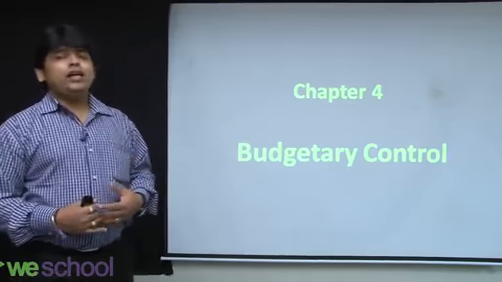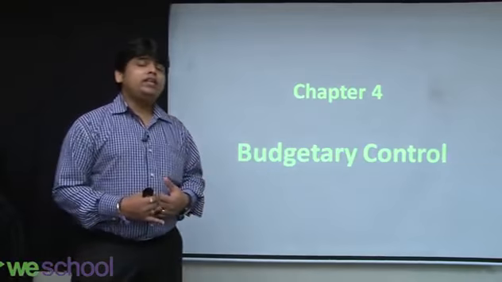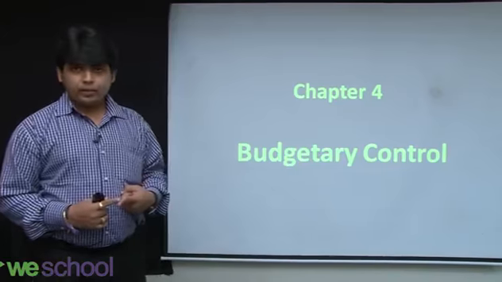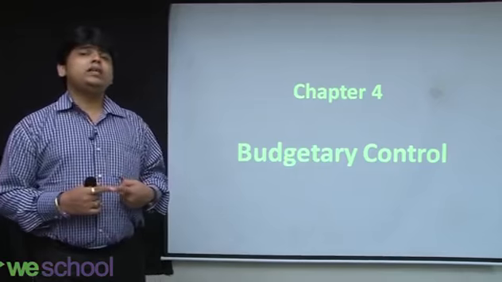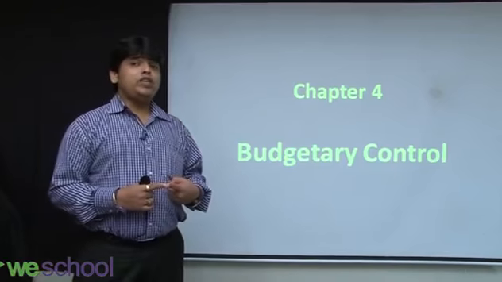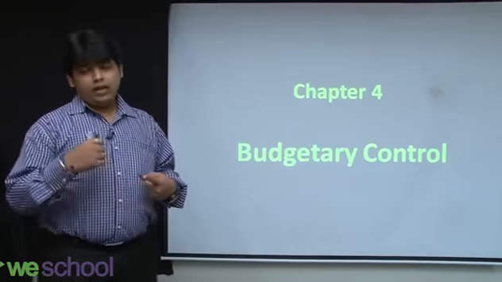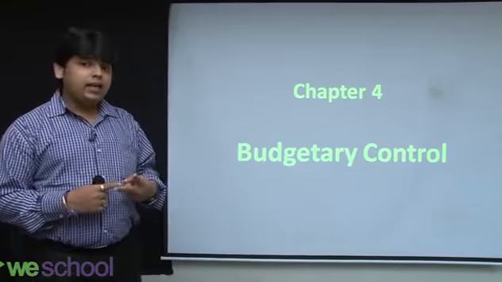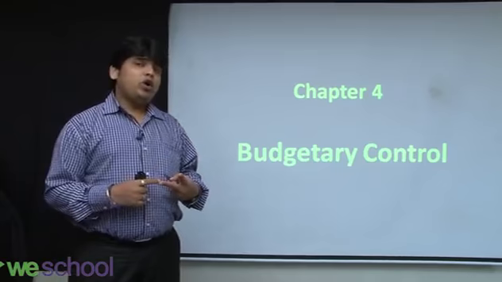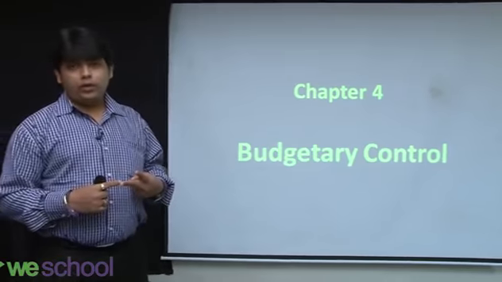As you all know, cost accounting deals with estimation of cost of the product, right? So for estimating the cost there are various methods to calculate the cost, which we are going to study in detail in chapter number 6, right? Second, cost accounting deals with control techniques.